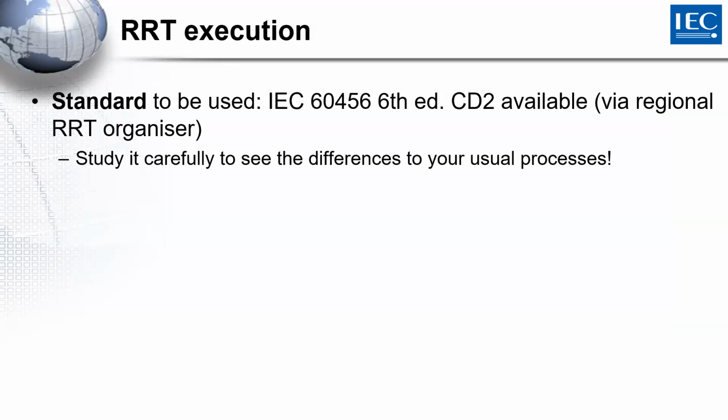This document was published end of December, and it's a committee draft number 2, which is available, and you will get it by your regional leader, regional organizer, as it is said here. And for you as a laboratory, you should take this document and study it carefully to see what are differences to your usual processes.